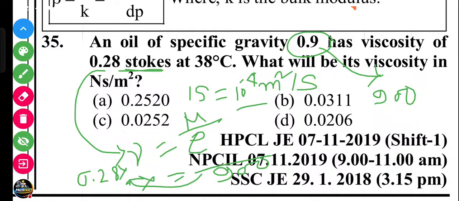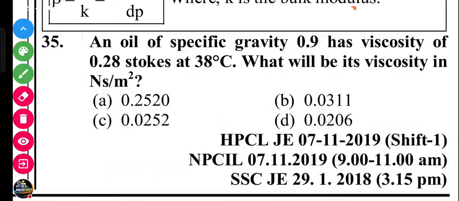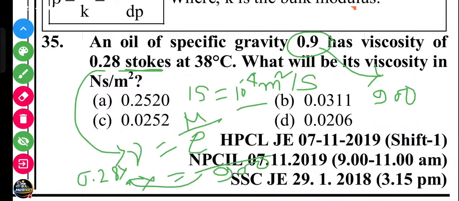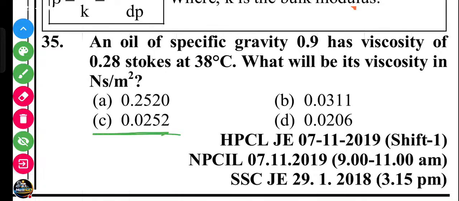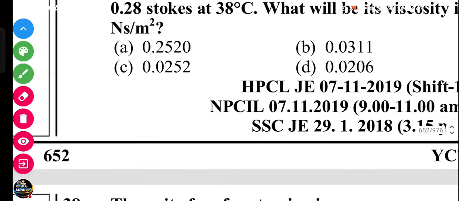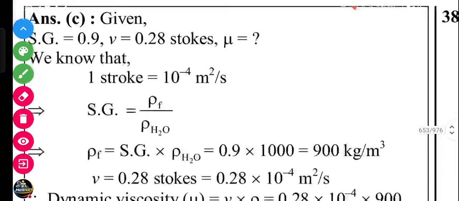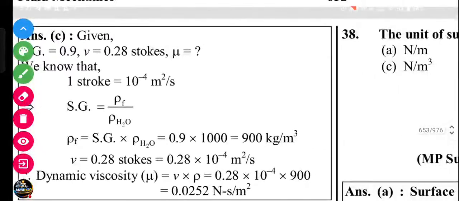That is 0.0252. And C is the answer. Check the answer. Yes, C is the answer. Here also the process is given. If you don't know, then screenshot this and try to solve it from your own side, then you see the solution.